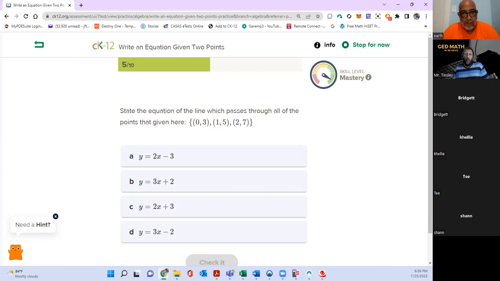So what I'm going to do is, I know my y-intercept is when x is 0, right? So I'm going to use this point and these 2.